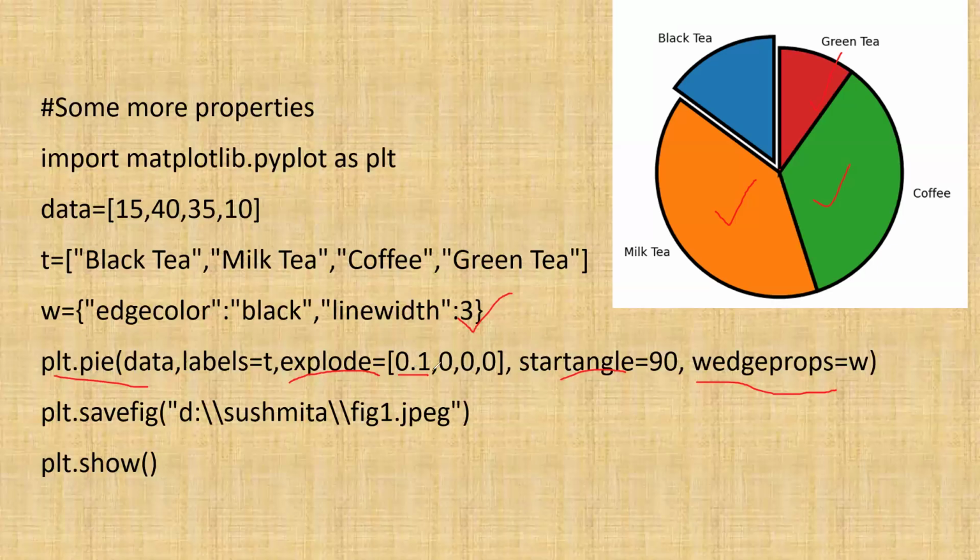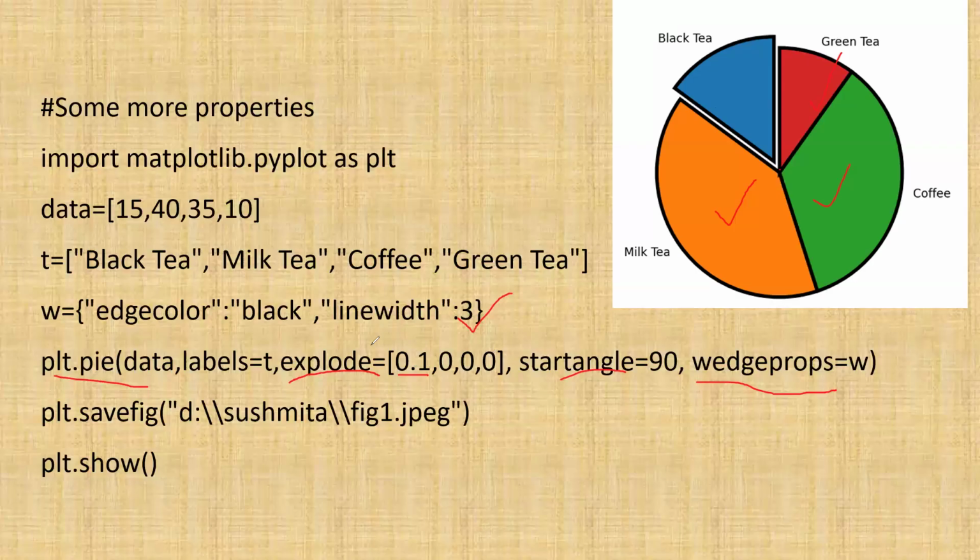So four values, 1 2 3 4, जिसमें जो आपको सेंटर पॉइंट के साथ रखना है that you will mention a zero, जिसको आपको एक्सप्लोड कराना है, बाहर लेके जाना है, that value you will put as how much you want to take it out. So 0.1 0.2 0.3 will specify कितना आप उसको बाहर लेके जा रहे हो. So I've given 0.1, so थोड़ा सा हाईलाइट हो रहा है, वो बाहर जा रहा है. 0.2 0.3 will take it little more further.